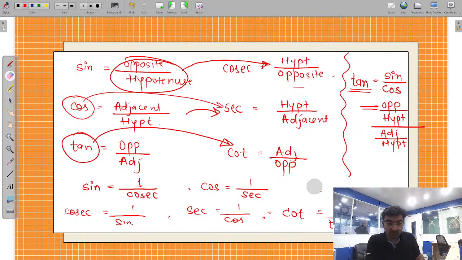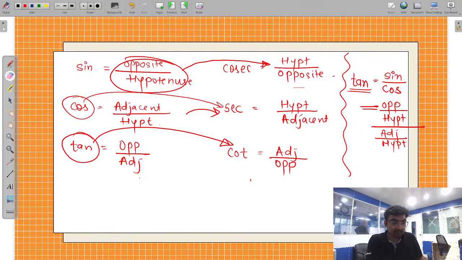I don't know if you remember this or not, but tell me this one thing. What is a upon b upon c upon d? Do you know what its solution will be? You can write it as a upon b into d upon c, correct? So let's try doing that same thing here.